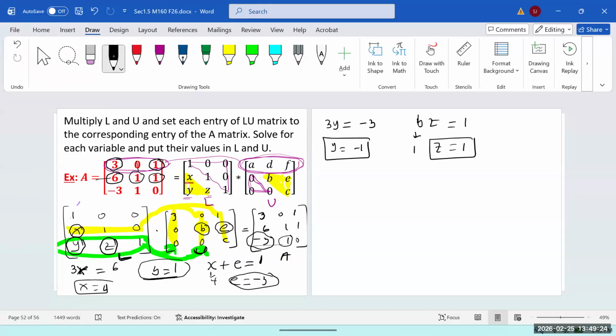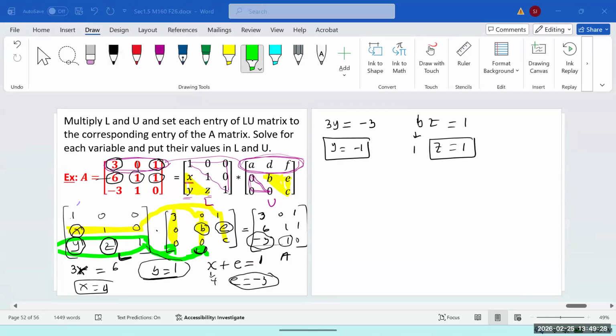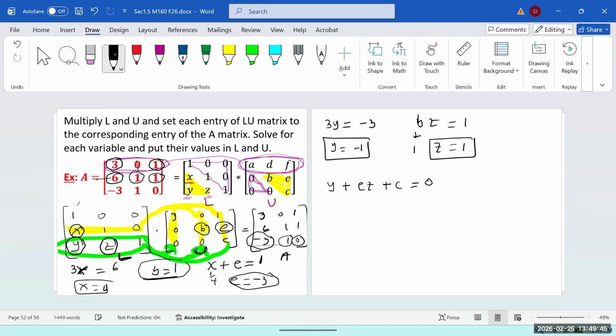So you go to the third row, third column. The equation we get from here is 1 times y plus e times z plus c times 1, and third row, third column is 0. So our answer is 0 here.